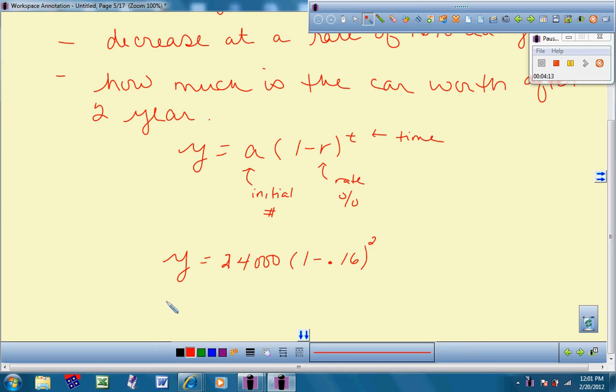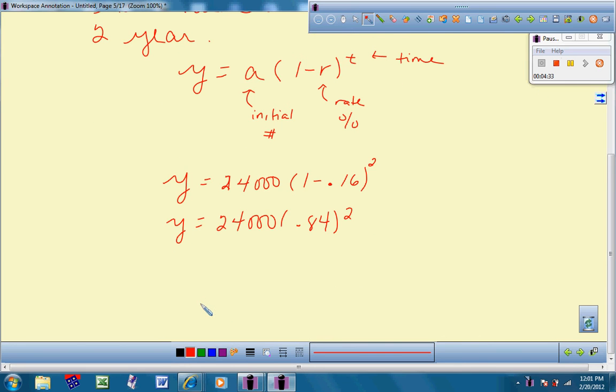So we would do 24,000 times 1 minus 0.16, which is 0.84, and raise that to the 2. Alright, then we can just punch into our calculators: 24,000 times 0.84 squared.